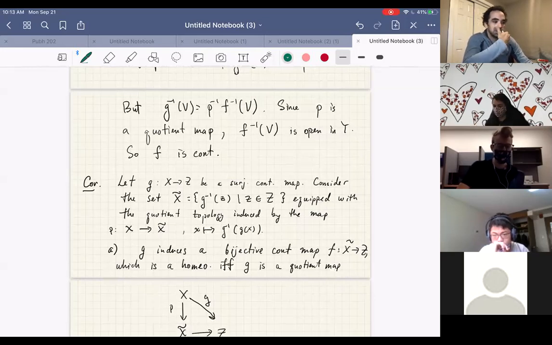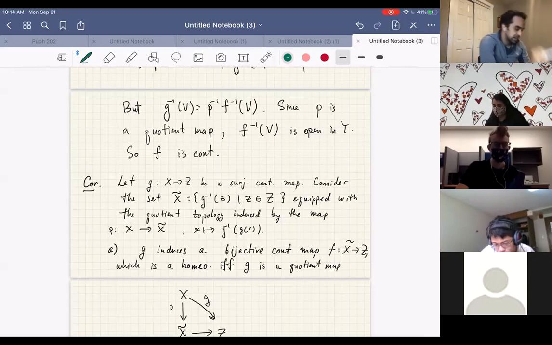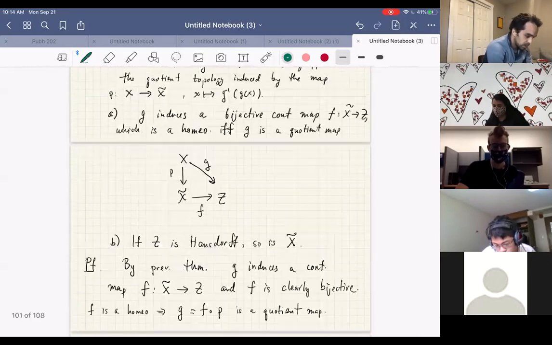Yeah, many things go wrong, as you'll see in your current homework. For example, the quotient topology does not even behave well with subspaces. There's an exercise in the homework making this precise. Also, Hausdorffness is lost. This is a sufficient condition, in a particular case, for this quotient space to be Hausdorff.